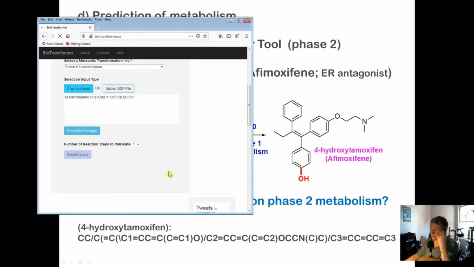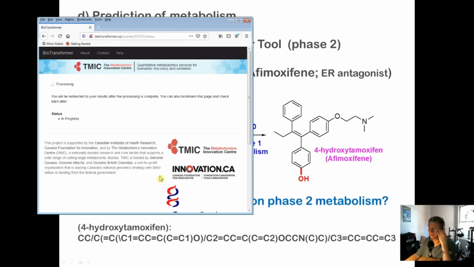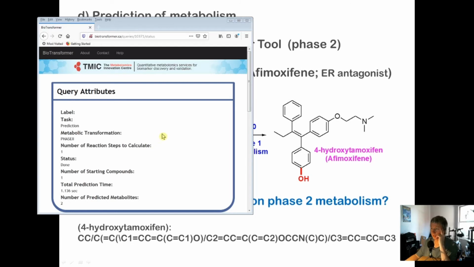It's going. Hopefully this tool doesn't break. Canada's closer than Germany. So this seems to be working. It says in progress. Okay, so now let's look at the structure of Tylenol real quick, just so we remember it.